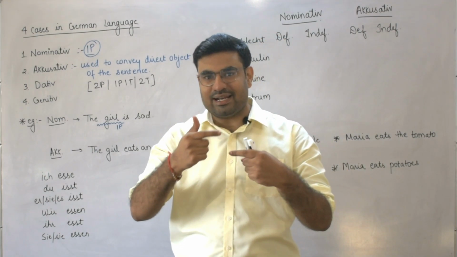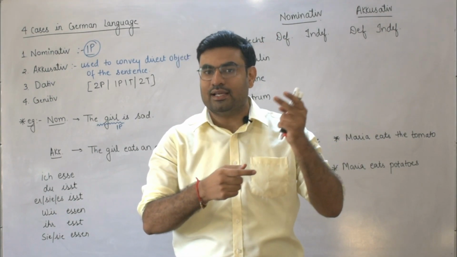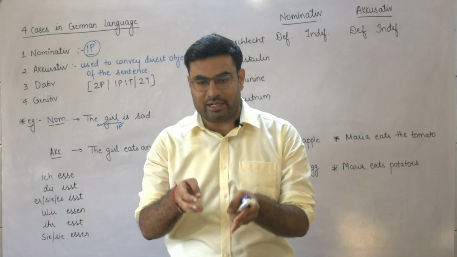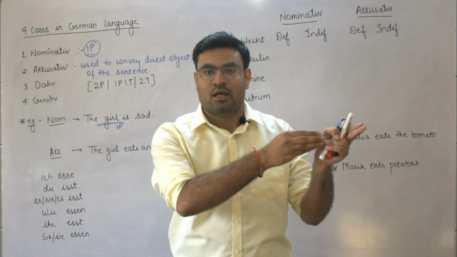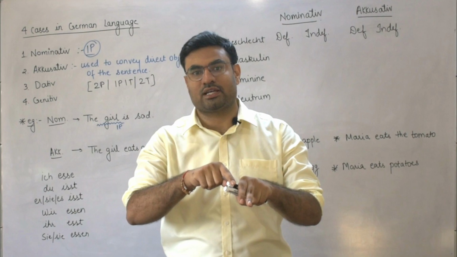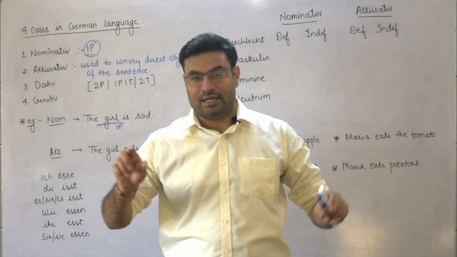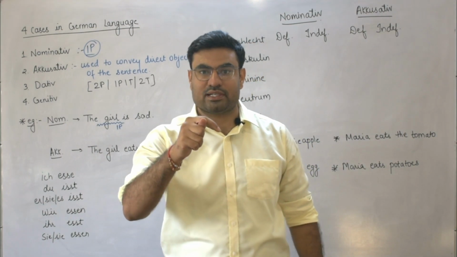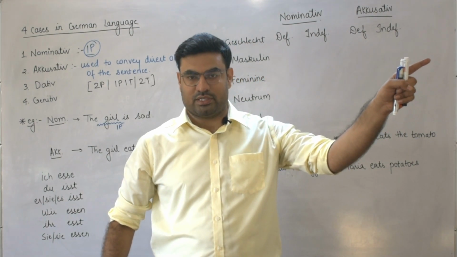But for whom is he writing the letter? For his mother. So the mother is the indirect object. Ultimately the letter will reach his mother, but the mother is not getting influenced directly by the action done by the subject. Who is getting affected directly? It's the letter. So the letter is the direct object here and the mother is the indirect object.